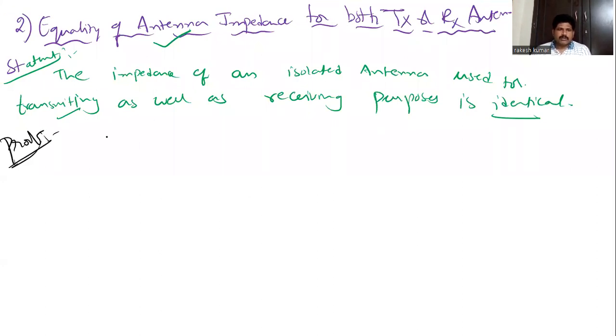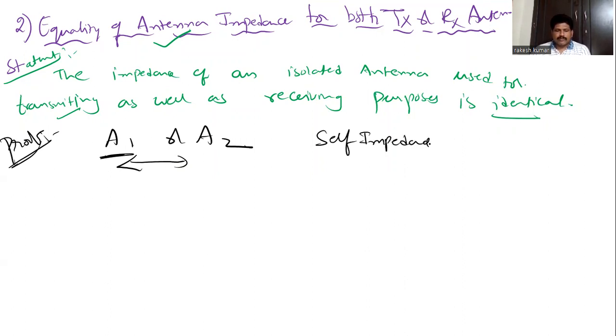Consider two antennas, namely A1 and A2. Let us consider they are separated by a far distance; they are widely separated. As the antenna A2 is located far away from A1, the self-impedance of antenna A1 can be written as Z11 = V1 by I1.